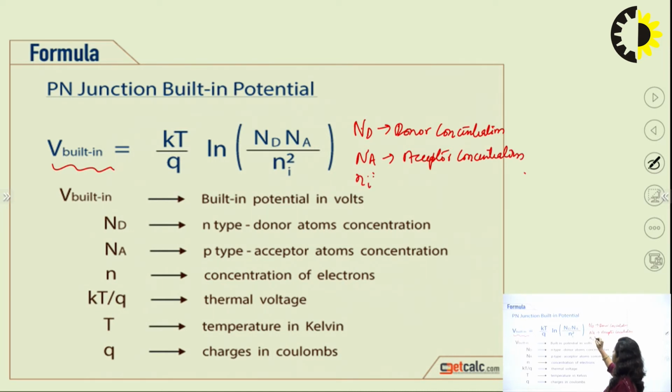Ni is the intrinsic concentration. We have already discussed these terms in the earlier slides, where I talked about intrinsic and extrinsic semiconductors.